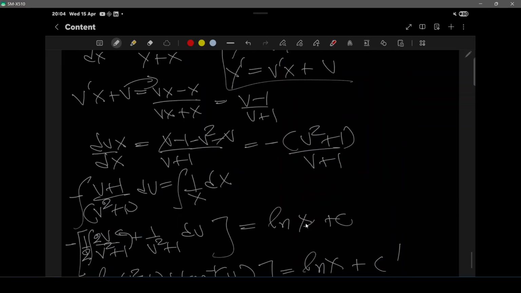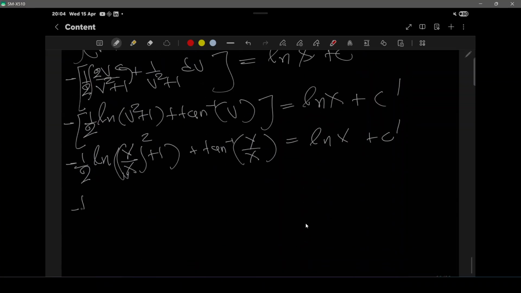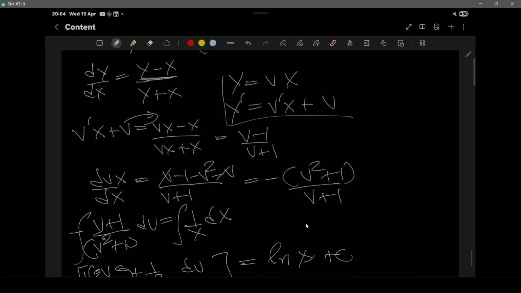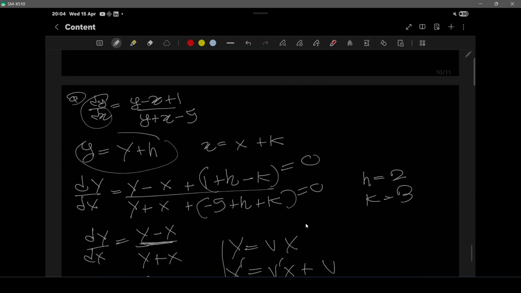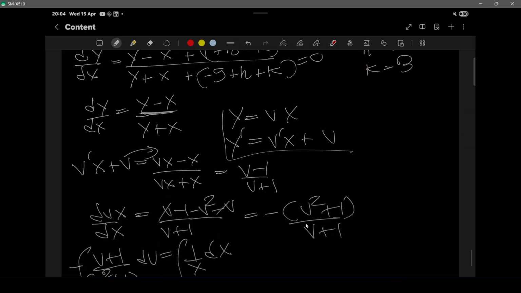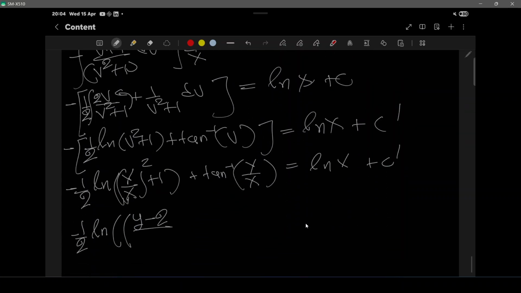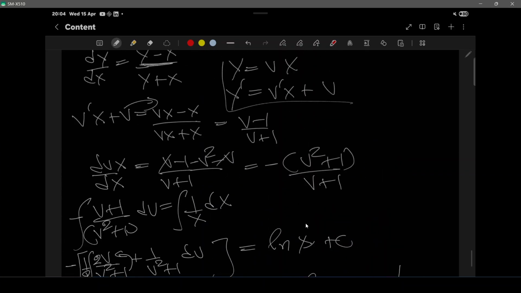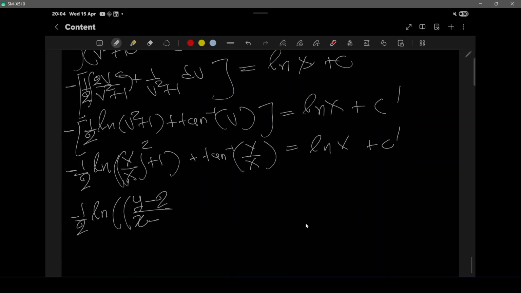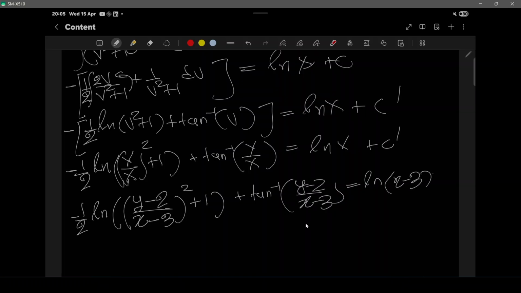Capital Y is simple y minus h, h is 2, and capital X is simple x minus k, k is 3. So we get minus half ln of y minus 2 over x minus 3 squared plus 1 plus tan inverse of y minus 2 over x minus 3 equal to minus ln x minus 3 plus c dash.